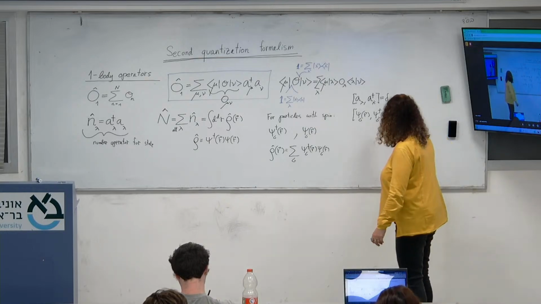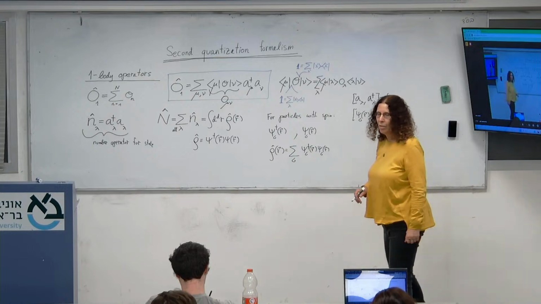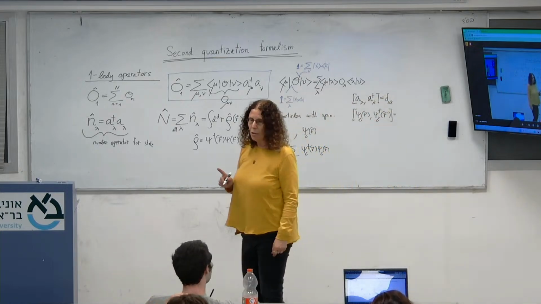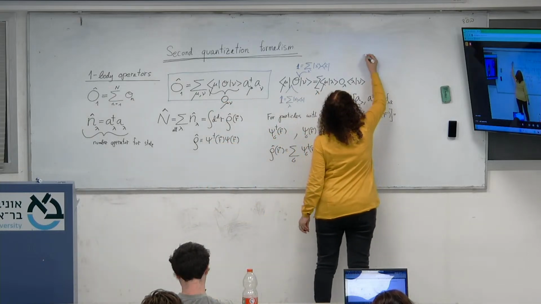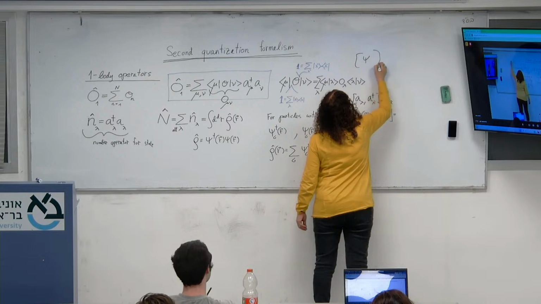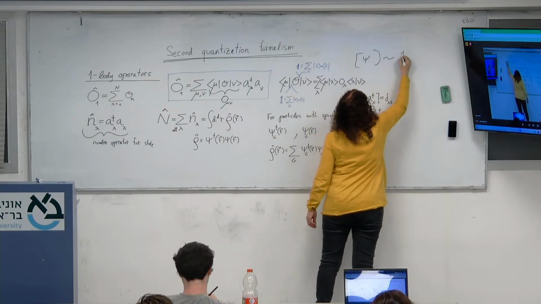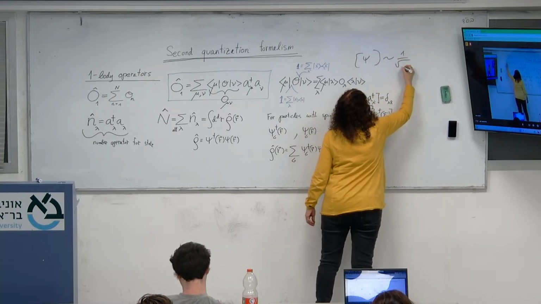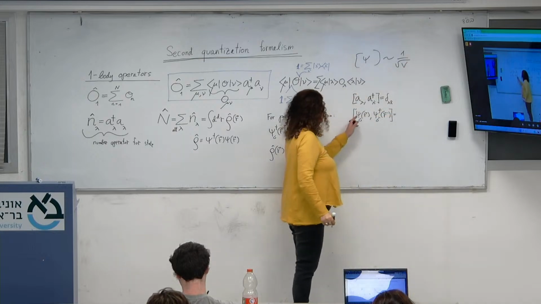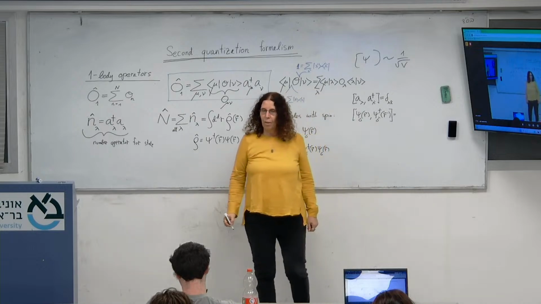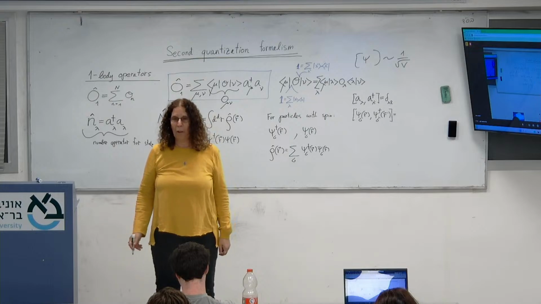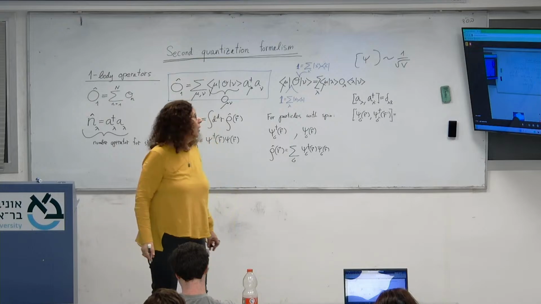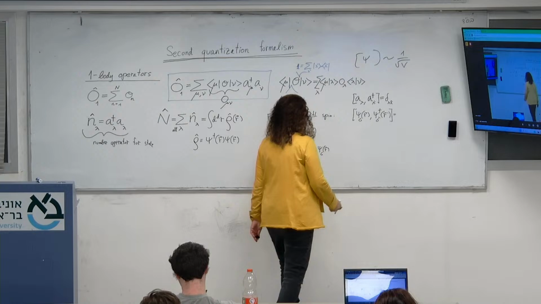Now it's going again to be some delta, but it has units. It has units because psi has units. Psi goes like 1 over the square root of the volume. So psi has units of basically density, 1 over volume.